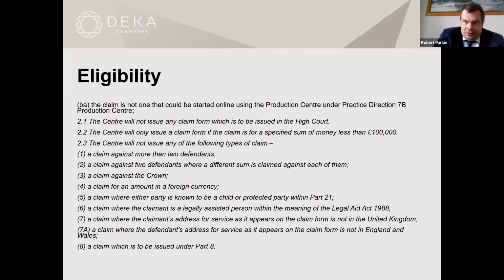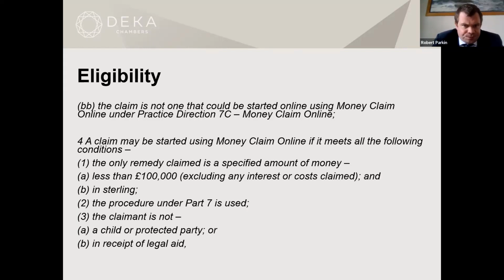And so as I read these rules, you would have to start that claim using the production center in preference to DCP. A number of other requirements, most of which are repetitive, but one of the first things to check is whether this was a claim that potentially could be issued using the production center. And if it is, the practice direction Part 7B is where you go for those rules.